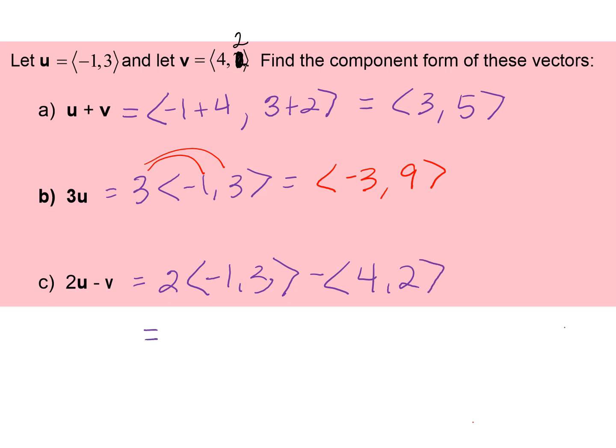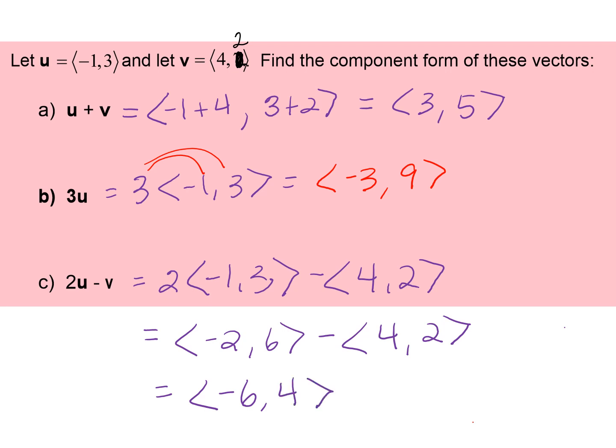And so then we can distribute: <-2, 6> minus <4, 2>. So if we take -2 minus 4, that gives us -6, and then 6 minus 2 gives us 4. So those are some operations, and I think they're pretty easy to follow. I think they kind of work the way you think they would.